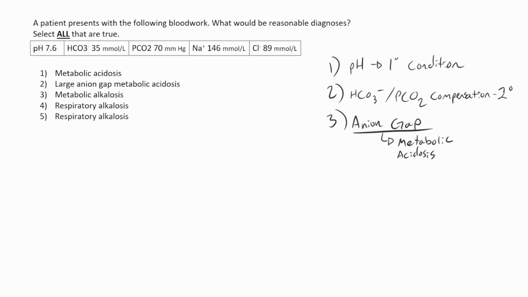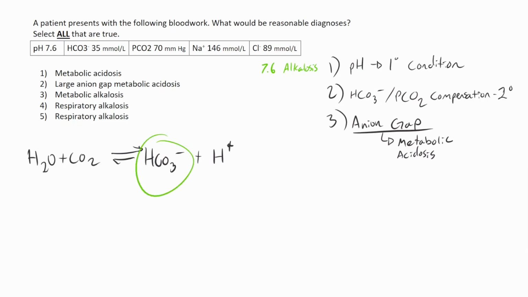First, let's look at the pH. We have 7.6, which means we're in some kind of alkalosis. If we look at our handy-dandy equation, H2O plus CO2 turns into bicarb and hydrogens.